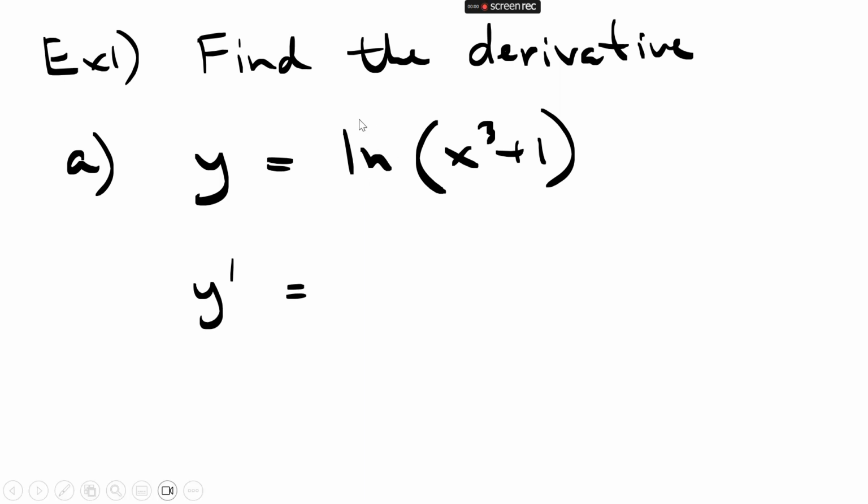This is just a log function, is that right? That's just log base e. So our rule says log base a. Doesn't matter, right? So we could rewrite this as log base e of x cubed plus 1, right? That would be exactly the same.